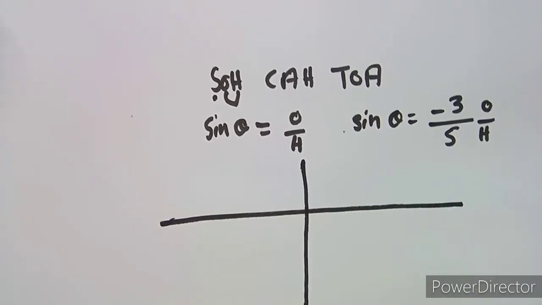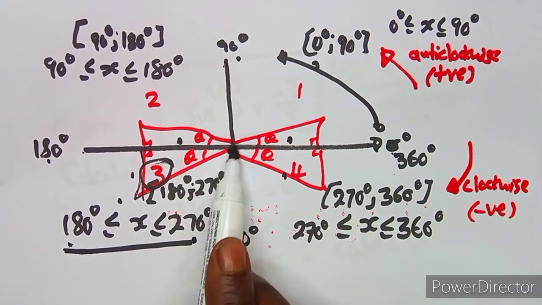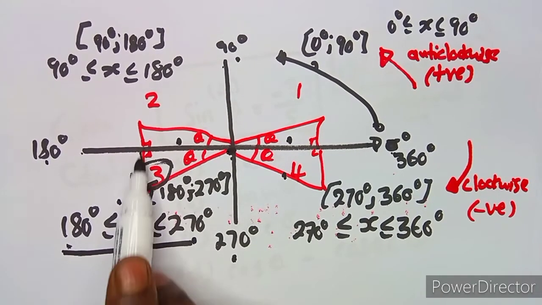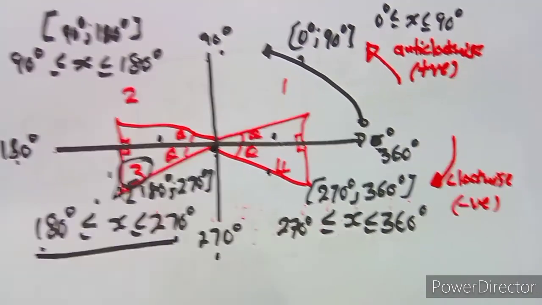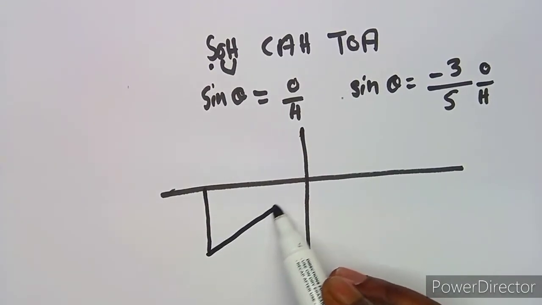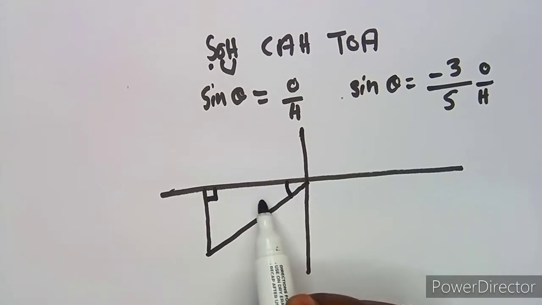All right. So take note, the triangle is always taken from the horizontal and back to the center here at the origin. So from the horizontal, you draw a vertical line to the center. So this is your triangle like this. This is our 90 and this is our theta, in the third quadrant.